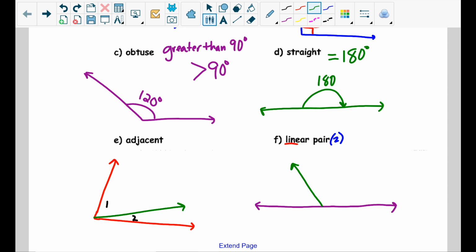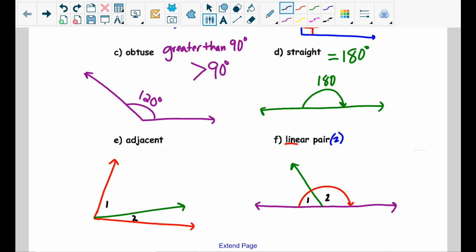So what do I know about these 2 angles then? What do I know about this angle measure here? Again, if I label these angle 1 and angle 2, what do I know about angle 1 and angle 2 here? Well, they are on the same line. In this case, they're adjacent, right? They're next to each other.